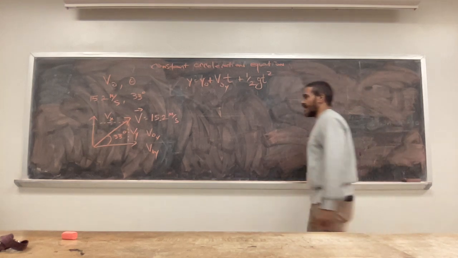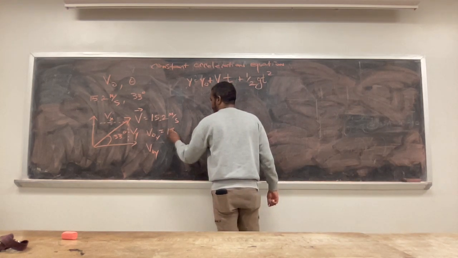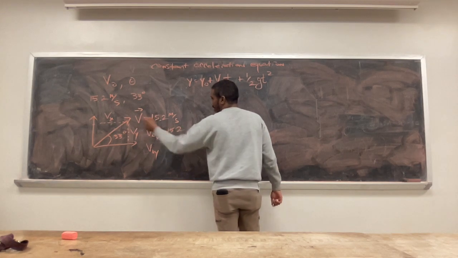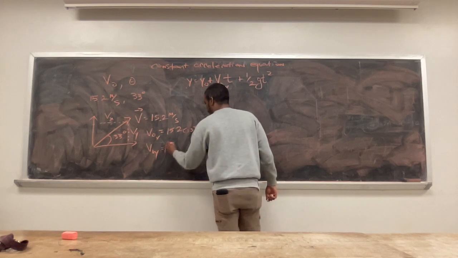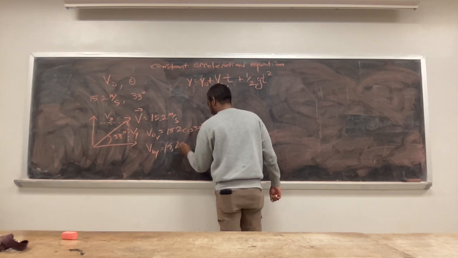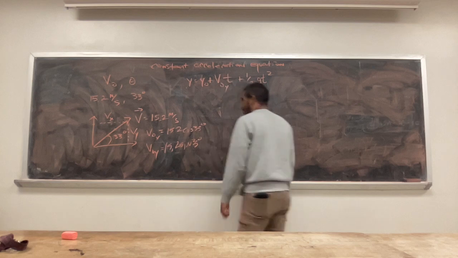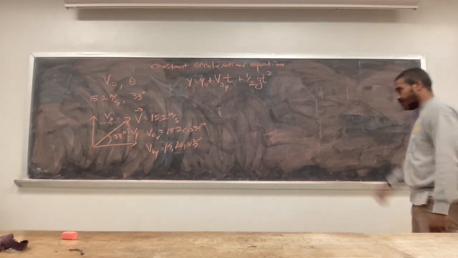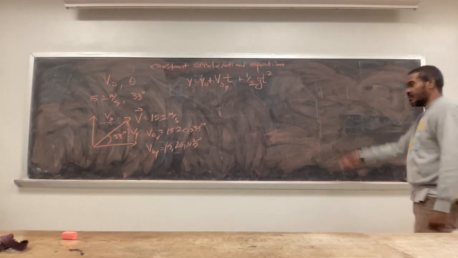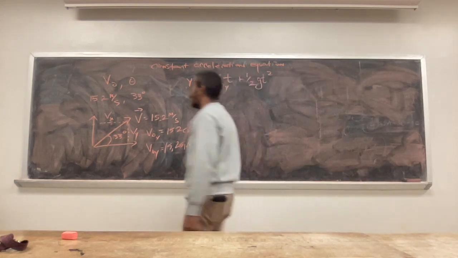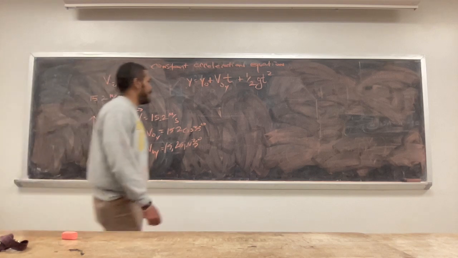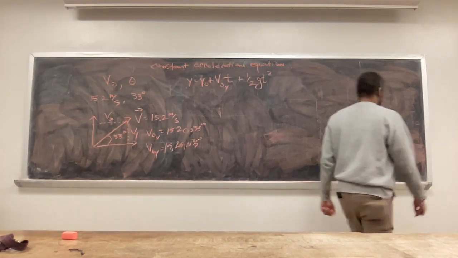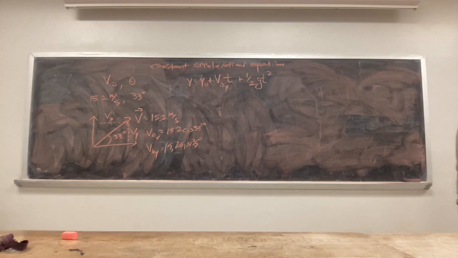V of X is what? 15.2 cosine of 33. V of Y is 15.2 sine of 33. Excuse me. So then the problem is going to say, do it with this initial speed, and it ended up on the ground.